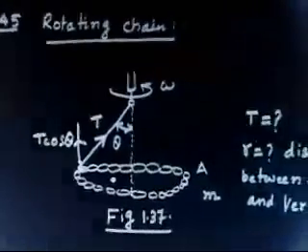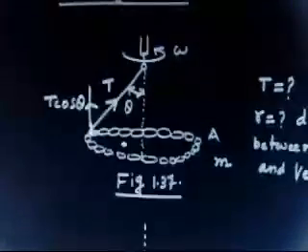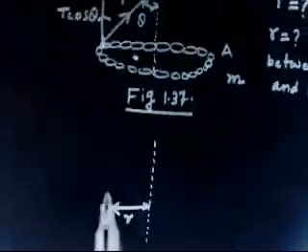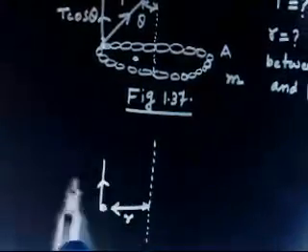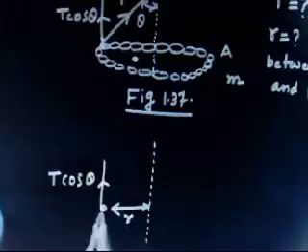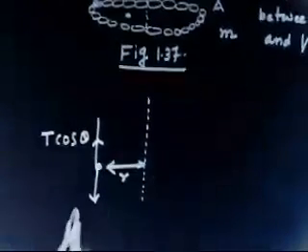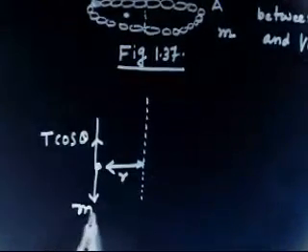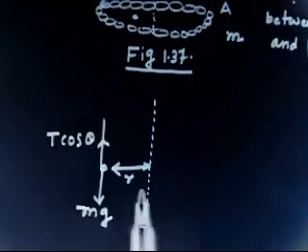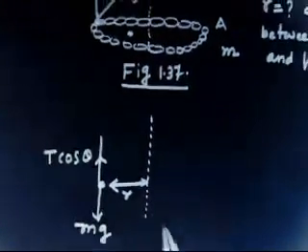So I will apply here itself T cos theta up, and there will be a force mg that will act downward, and one force that will act towards the center, that is T sin theta.